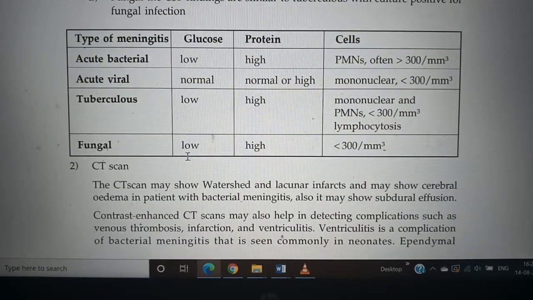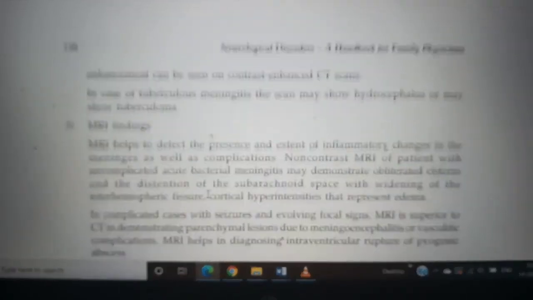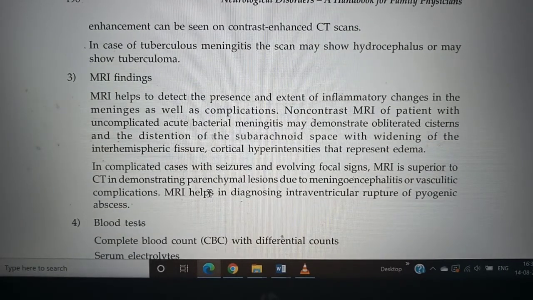Then a CT scan can show which areas have edema, and if there is any effusion present. MRI also helps to identify the extent of inflammatory changes. We know meningitis is inflammation of the meninges, so when we do an MRI we will know the extent of inflammation in the meninges.